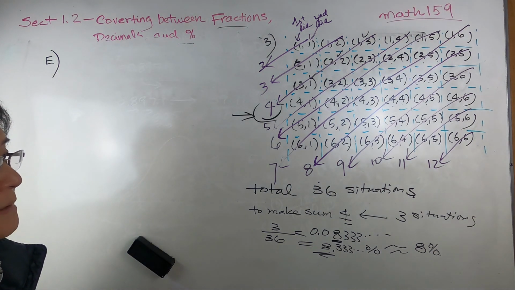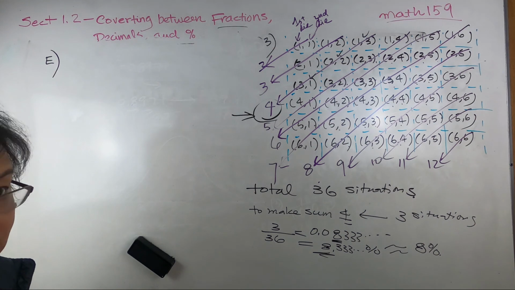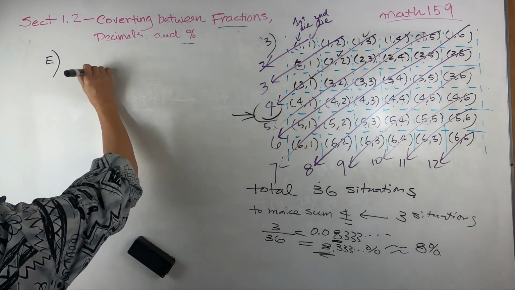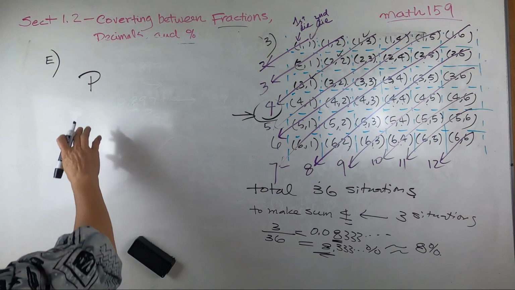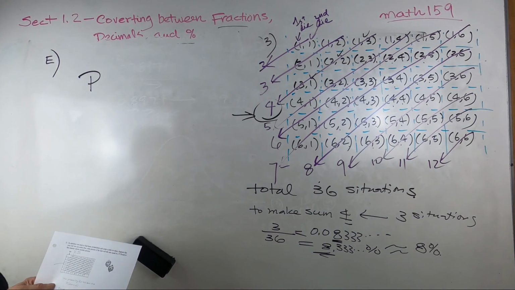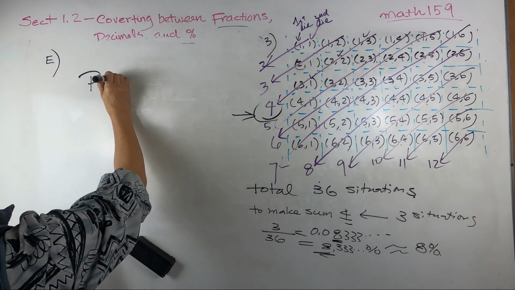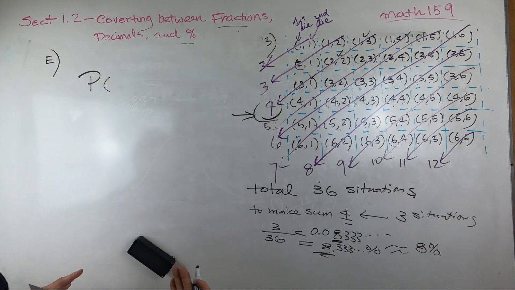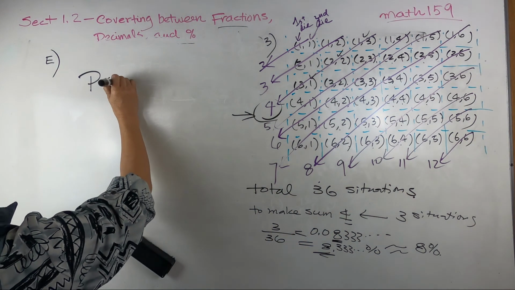Then in the meantime, we want you to learn the symbols, how to show the idea in stats class. We are talking about probability, so that's probability, okay? For the sum situation, we call it an event.